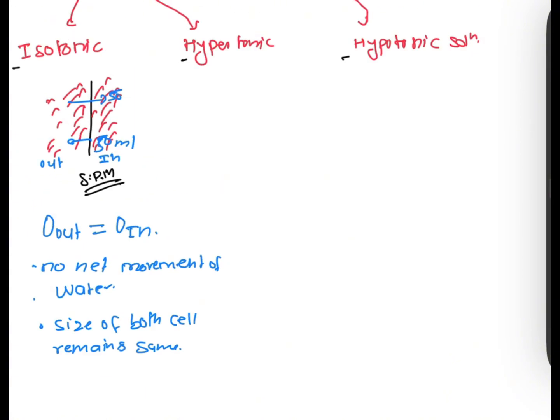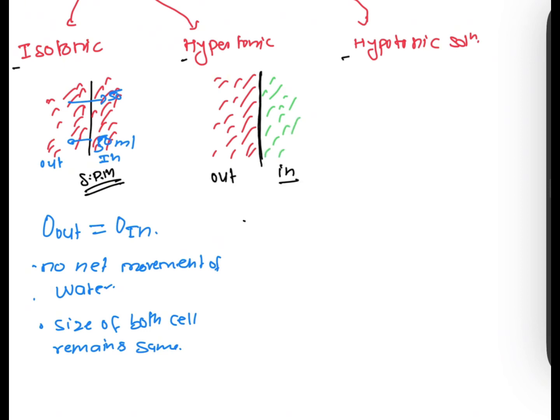In case of a hypertonic solution, when one solution has more osmolarity than the other solution, then the higher osmolarity solution is called the hypertonic solution. In the picture, the outer solution has the higher osmolarity, so this is a hypertonic solution.